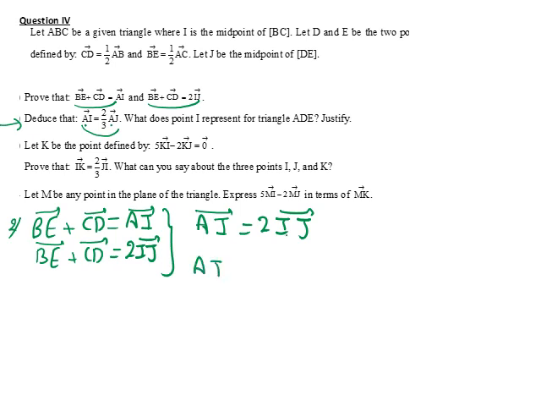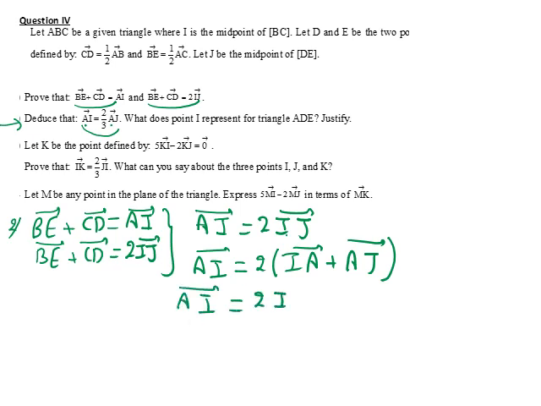So AI equals 2IA plus 2AJ, using Chasles' rule. AI minus 2IA equals 2AJ.